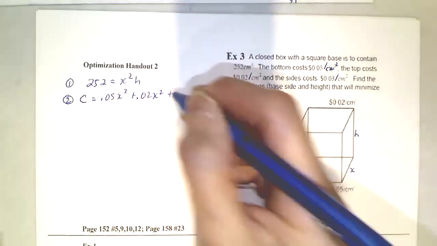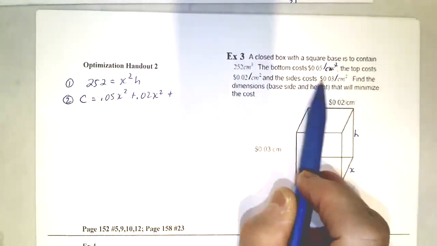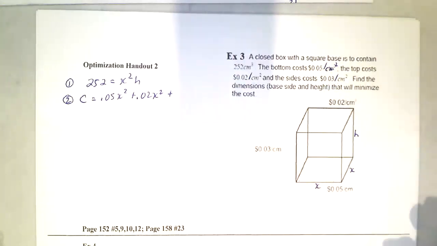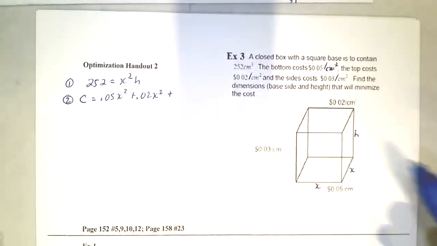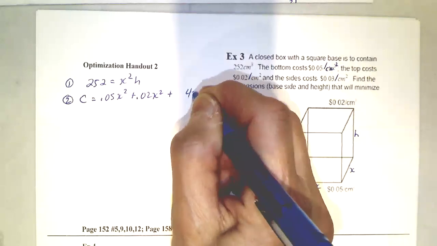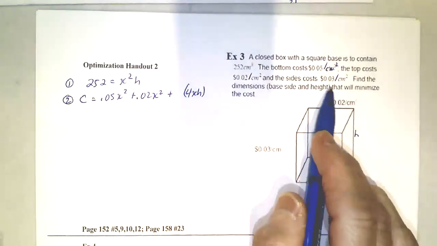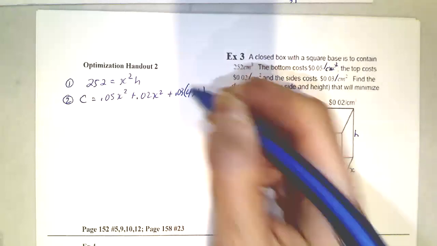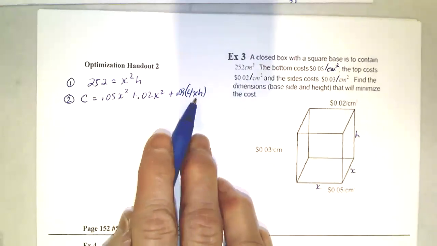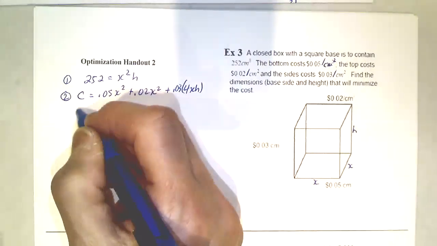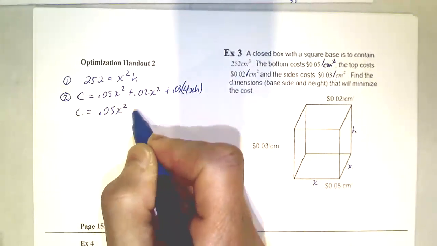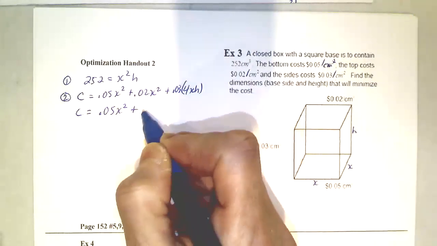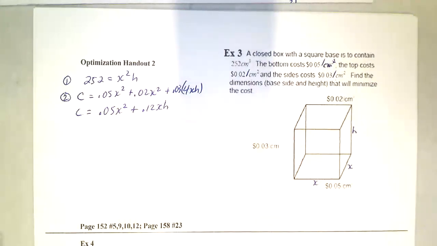Now, we have to get the area of the sides because each of the sides costs 3 cents per square centimeter. And the dimension of any side is x by h, and there are 4 such sides. So you have 4xh, and then it's 3 cents per square centimeter, so 3 cents times the area. And so the cost function, well, we can combine like terms if we simplify this, and then we can multiply 4 by 0.03, and that's your function that you're trying to minimize.